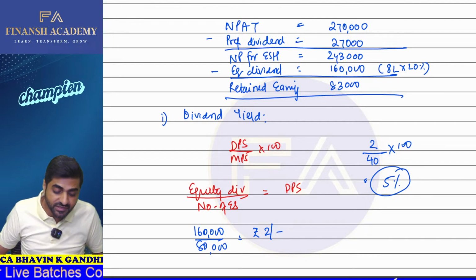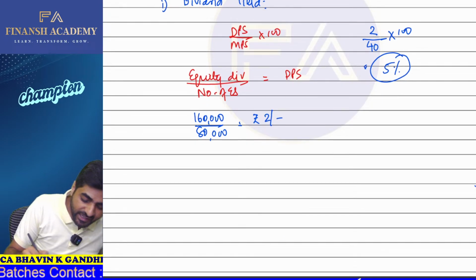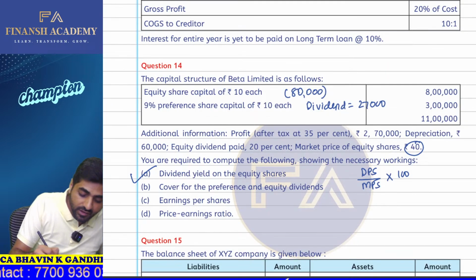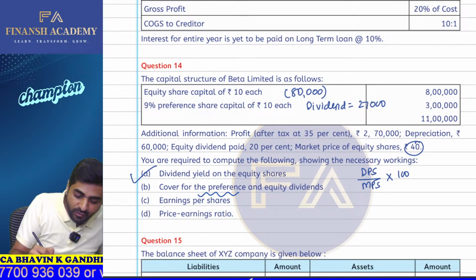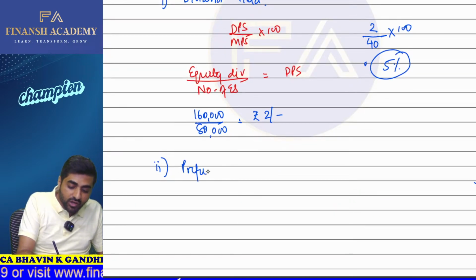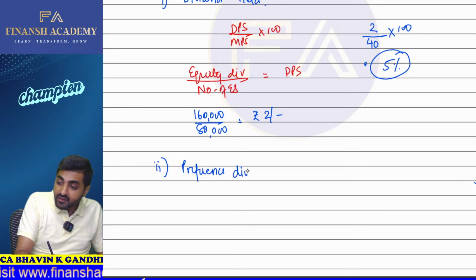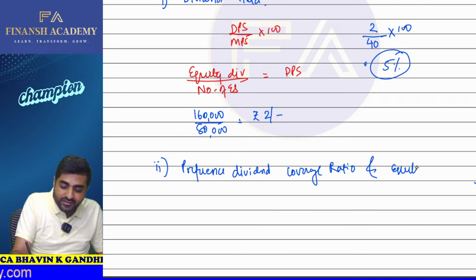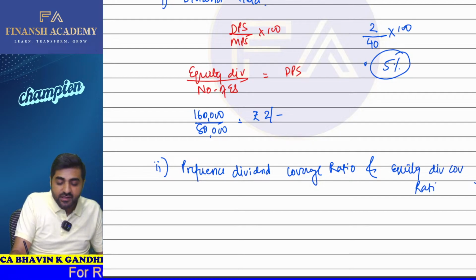What's the second part of the question? In the second part, we are required to calculate cover for preference and equity dividend. So what should be your preference dividend coverage ratio? And we are required to calculate the equity dividend coverage ratio. I've already explained this.